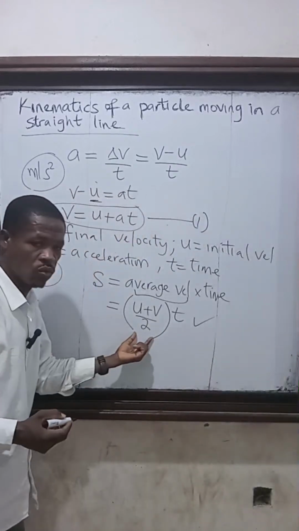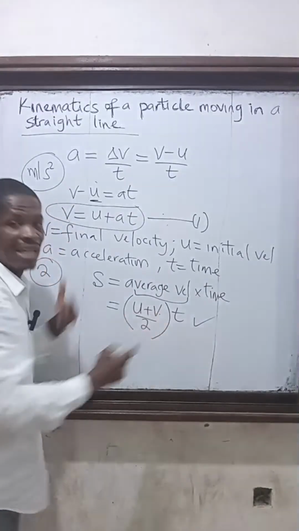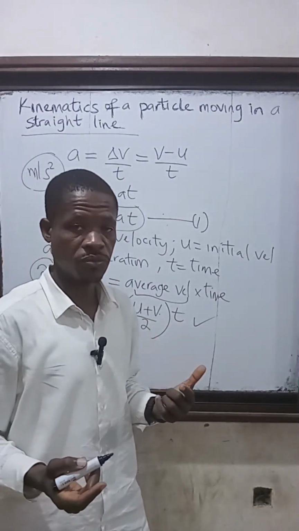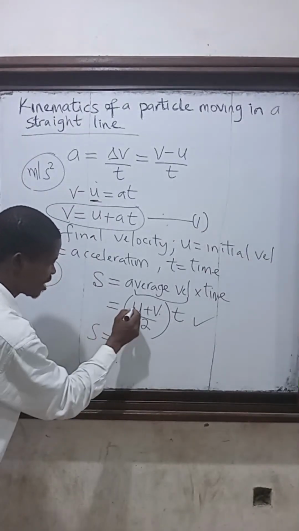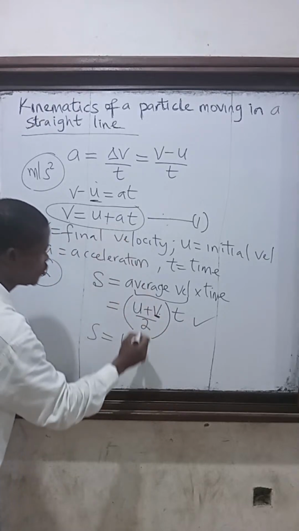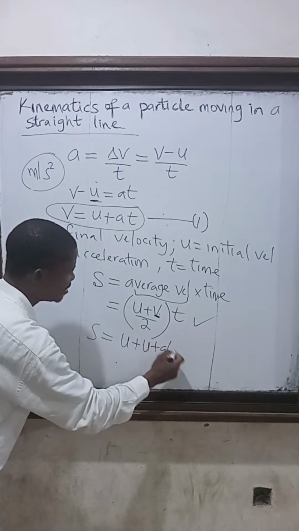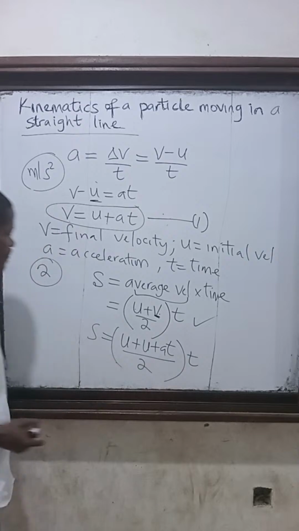We can plug the first equation into this equation and derive another equation. So plug in equation 1: u plus v, where v is u plus at, over 2, times t.